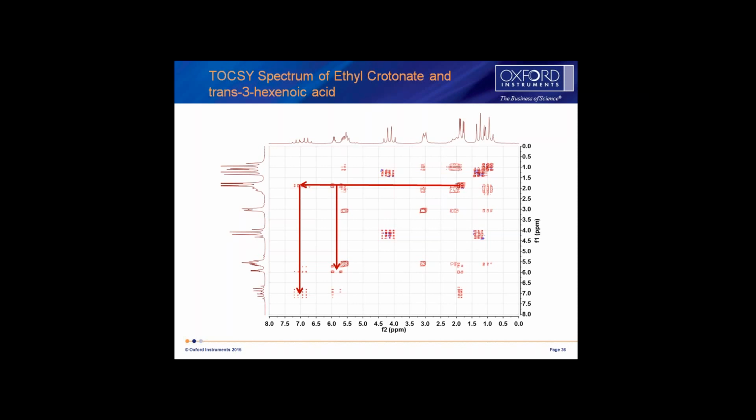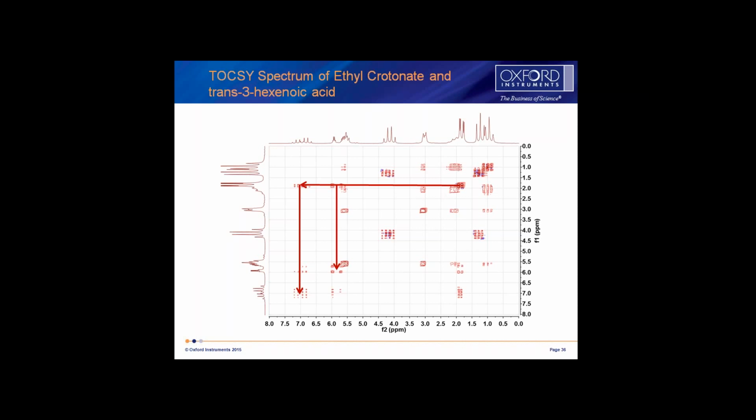So we can see here that despite the overlap in the spectrum, we're starting to be able to separate out the different spin systems, but because the TOCSY is propagating down a chain, we're separating out the different molecules and associating which spins are associated with one molecule.